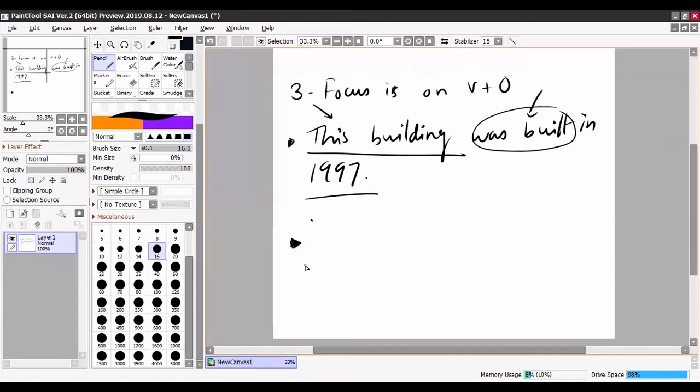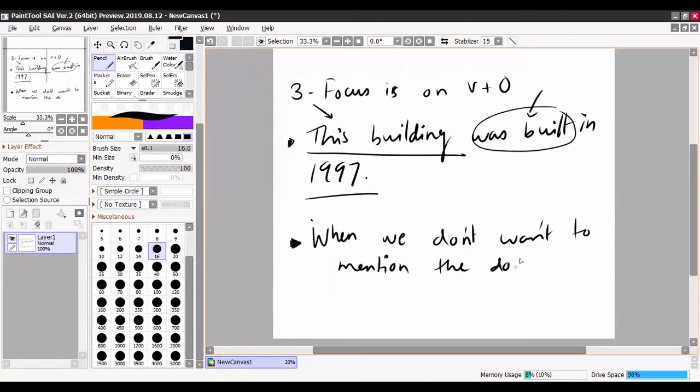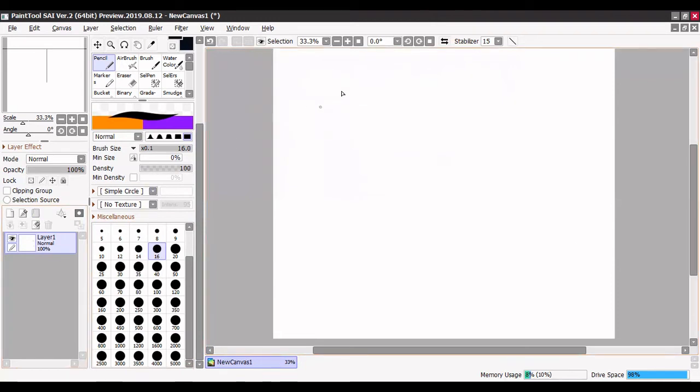Okay, so we'll start with a few rules for active passive. So what's the most important part of active passive? The tense shift. The tense shift is the most important and crucial part of active passive.